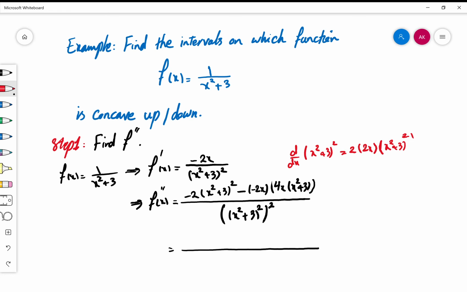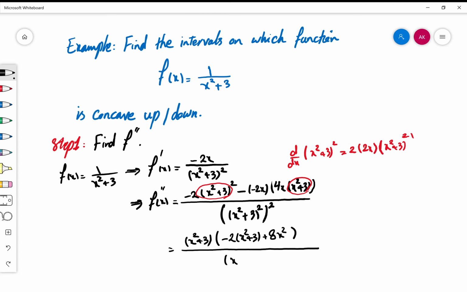You see that in both summands we have x squared plus 3, so we can factor out x squared plus 3. In the first one I get minus 2 times x squared plus 3, and in the second one we get just 8x squared. That's it.